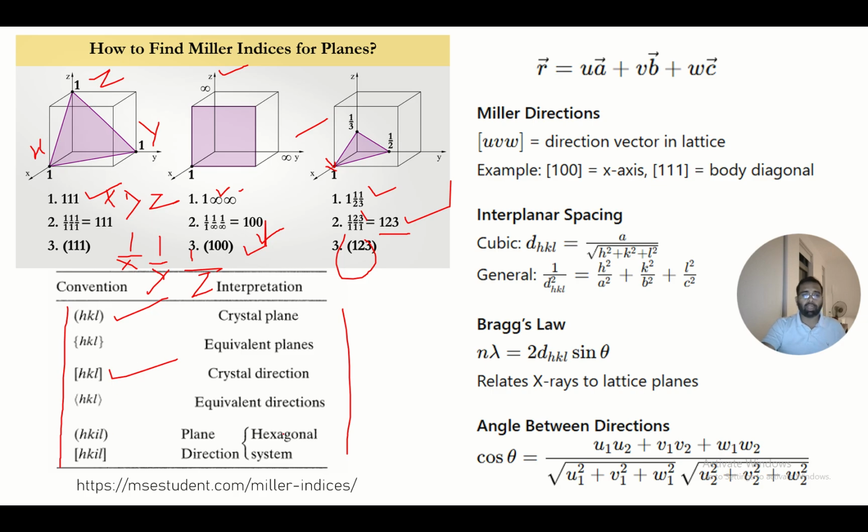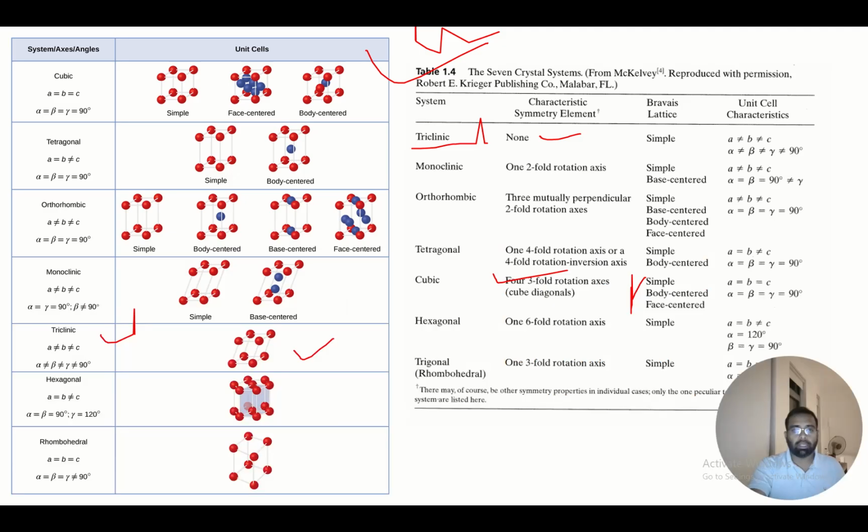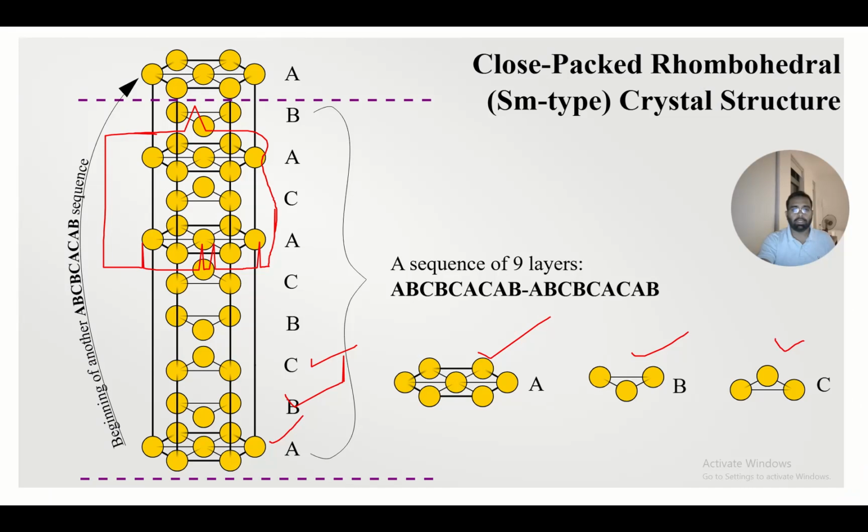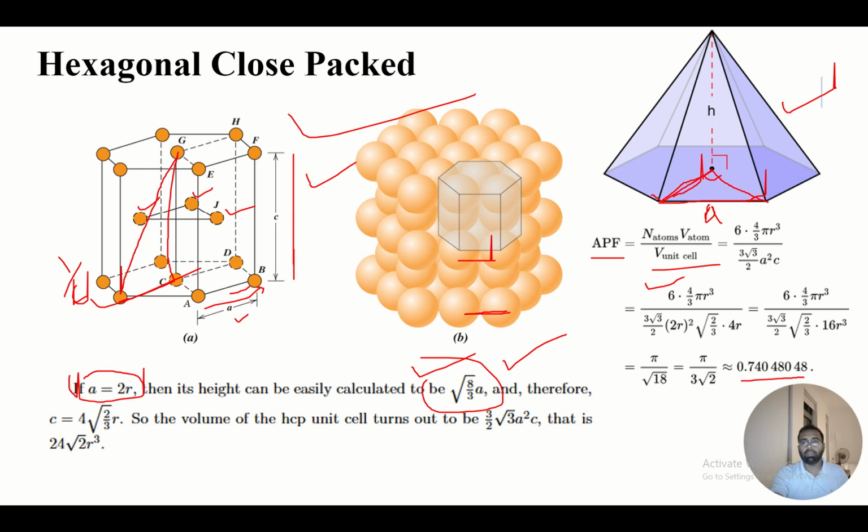And in case of the hexagonal system, you use the plane and the direction. So here, in this case we have HKL, but there is another index, I. So in this case you need to use X, Y, and then another diagonal one.